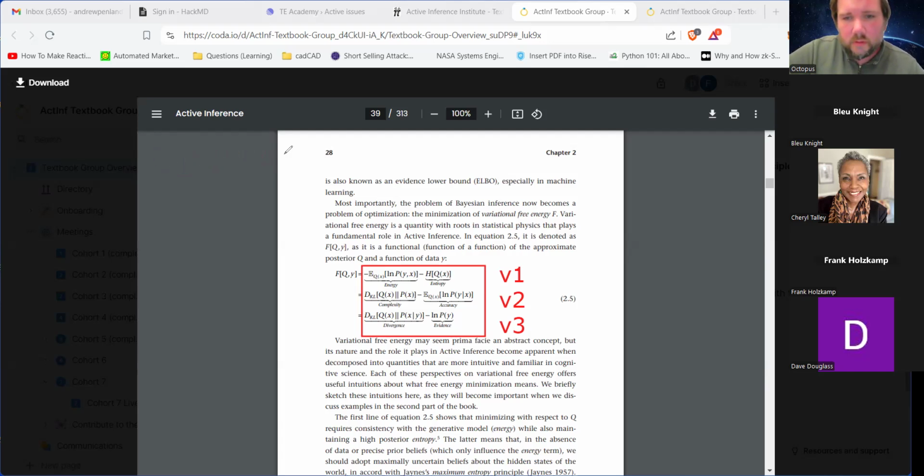I'm going to switch back to my whiteboard, and hopefully the annotation will not abandon me. Cool. So I'm going to start with version 2 that we just wrote, this d sub KL, Q of X, double line P of X.